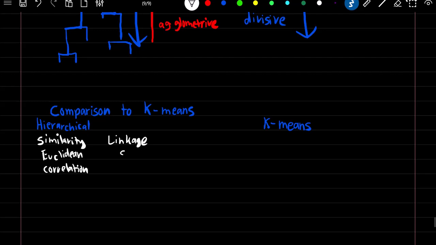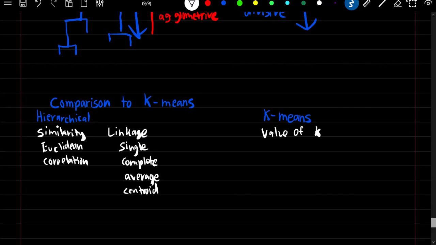For linkage function, we can use single, complete, average, or centroid. Now with k-means clustering, all we have to decide on is our value of k. But a big disadvantage of k-means clustering is that you have to choose the number of groups before you even run your algorithm. While with hierarchical, you create your dendrogram and then you can choose how many groups you want your data to be grouped into.